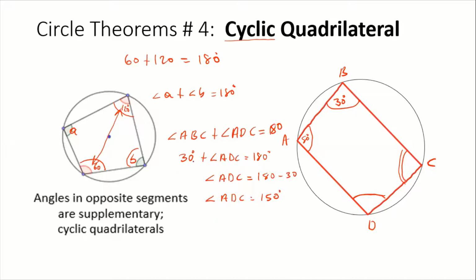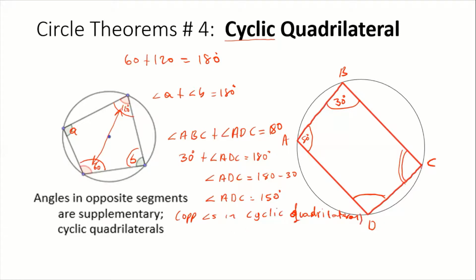And the reason is: opposite angles in a cyclic quadrilateral. That would be your reason for justifying your answer, because they are always going to ask you for a reason.